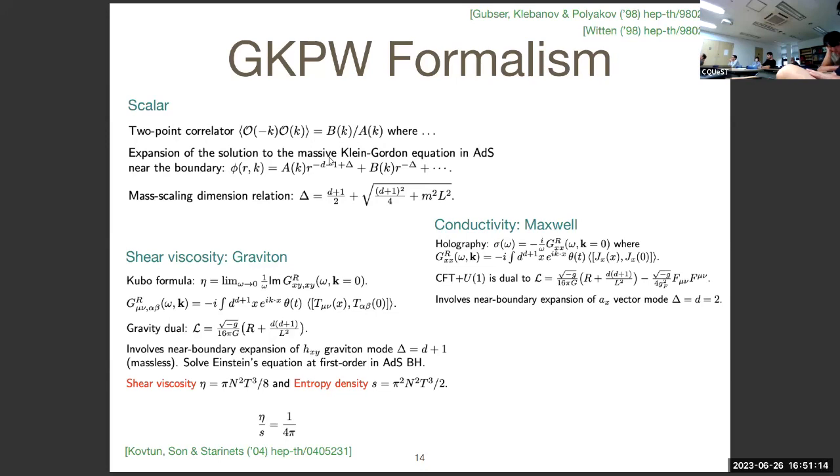The way people often call the coordinates on AdS is the following. You have time, then the radial direction, then what are usually called the boundary spatial directions.